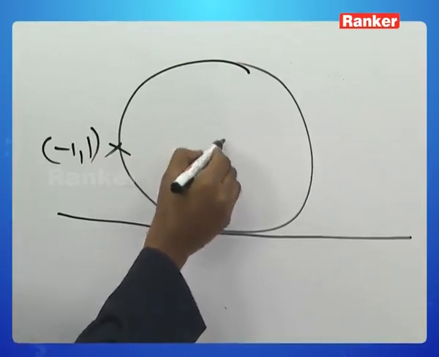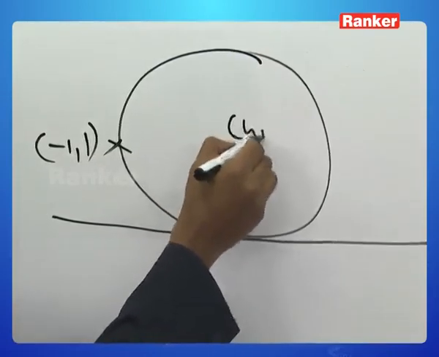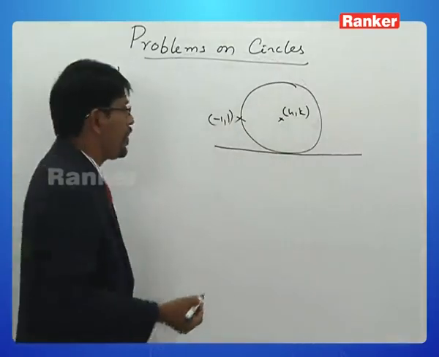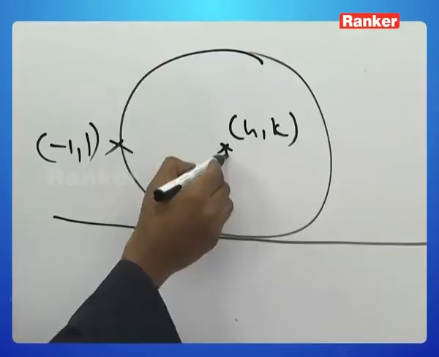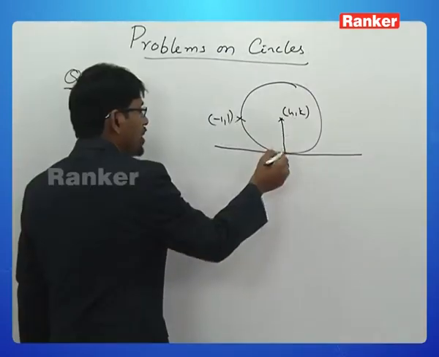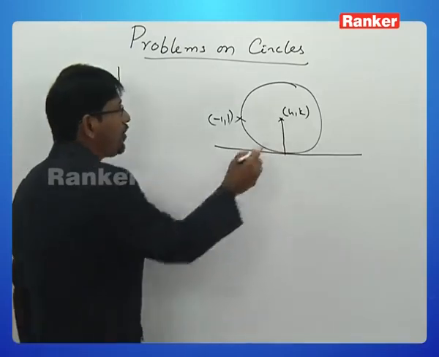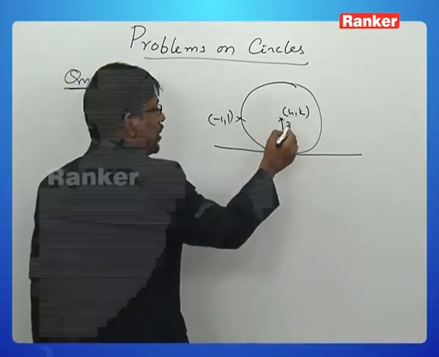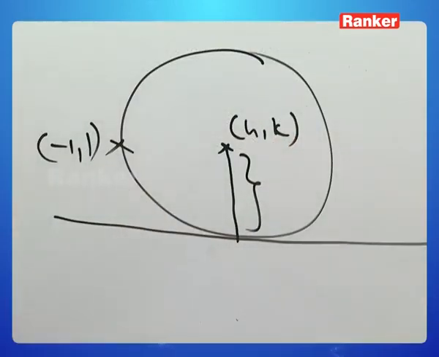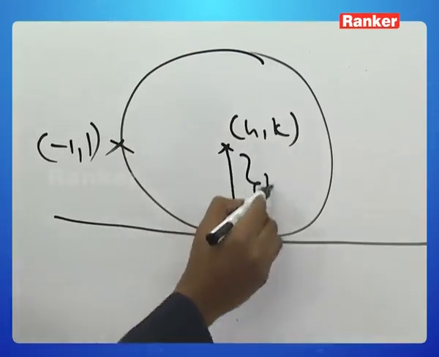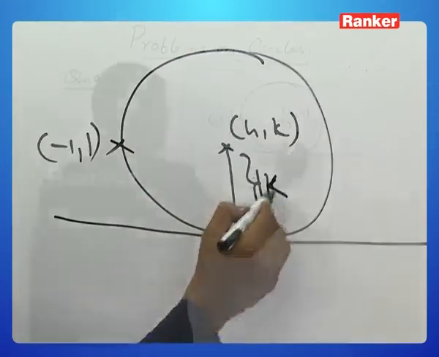Let's say h comma k is the center. Now what will the radius be given by? Clearly the y coordinate of the center, with an absolute value, will be the radius. So mod k is the radius.